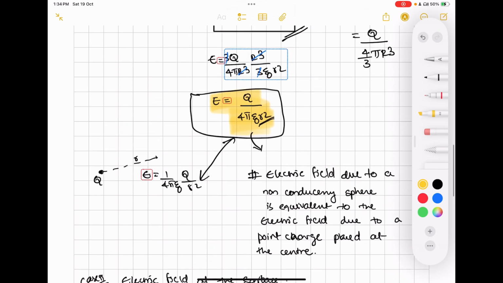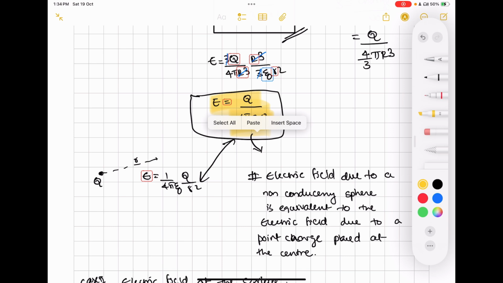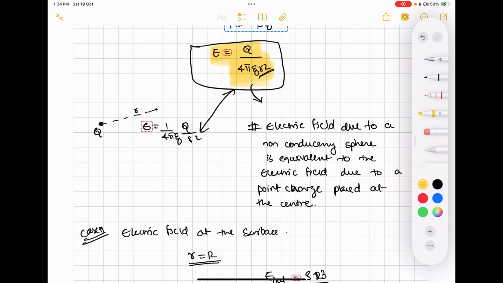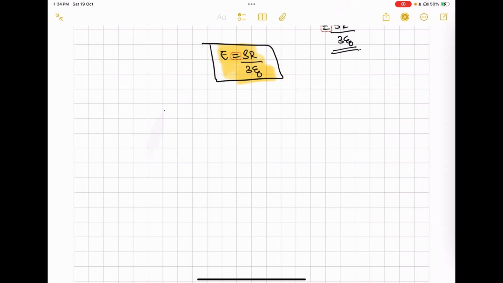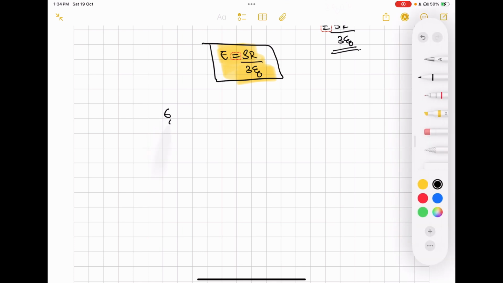And we have one more equation. In this equation, if we substitute capital R equal to small r, we have E outside is equal to 1 by 4 pi epsilon 0 q by r square.